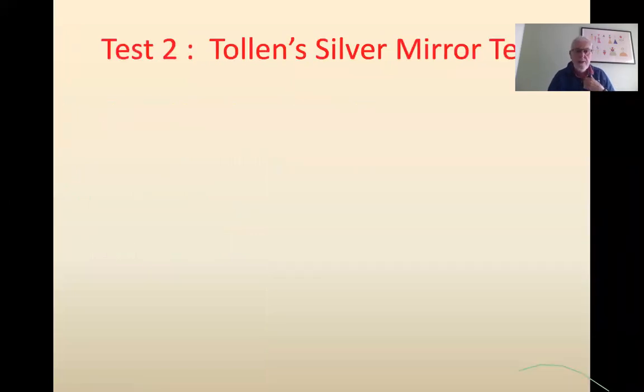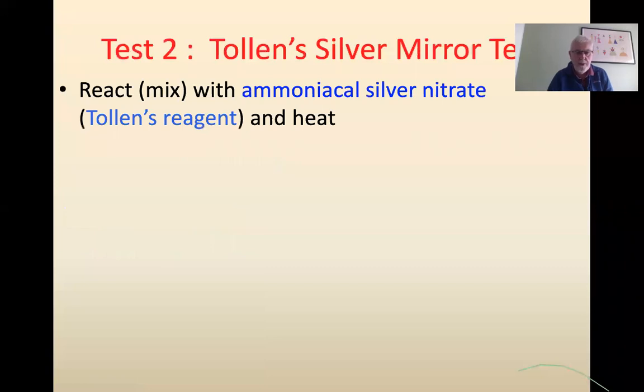The second test is what we call Tollen's silver mirror test. You mix the thing you think is an aldehyde with a solution called ammoniacal silver nitrate. That's a mixture of silver nitrate and ammonia. In the video we'll look at in a second, you'll see how it's made. You don't have to know how it's made.